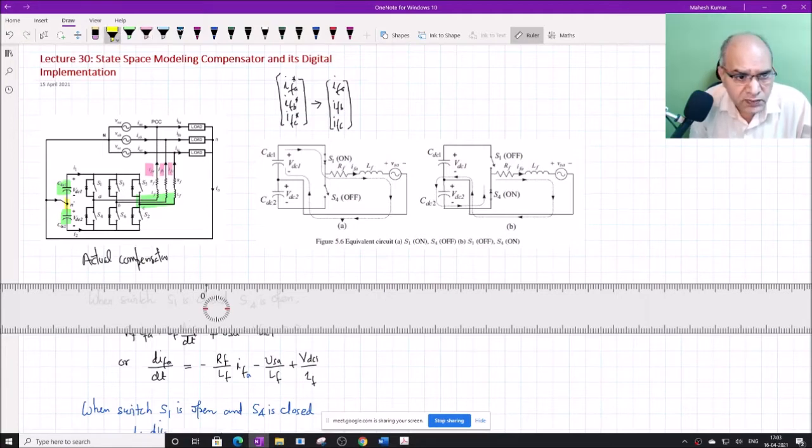The neutral is clamped here, and this neutral is connected to the neutral of the load. This is the zero sequence current I0, and I0 flows in this neutral wire and returns to the system neutral here. It won't go to the source. So actually the source neutral current is equal to 0. This is the condition for an ideal compensator.